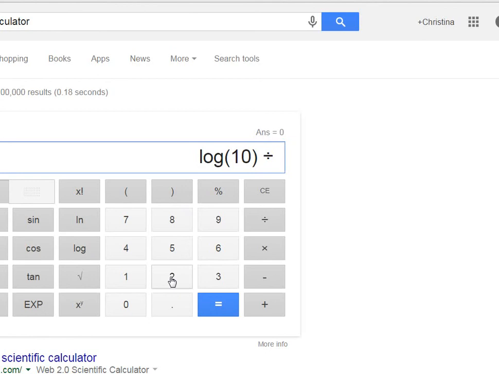Since it's dividing by both of those, I need parentheses. So 2 times log 2, and then a parenthesis there to close it, because that log 10 is being divided by all of that. Make sure you have parentheses there. Equals 1.66.